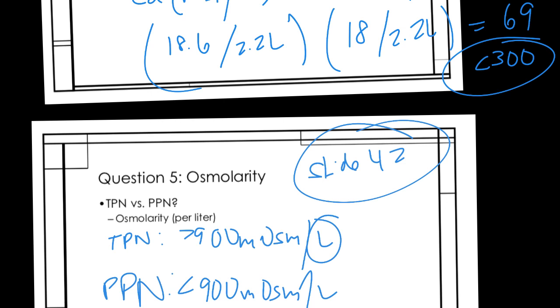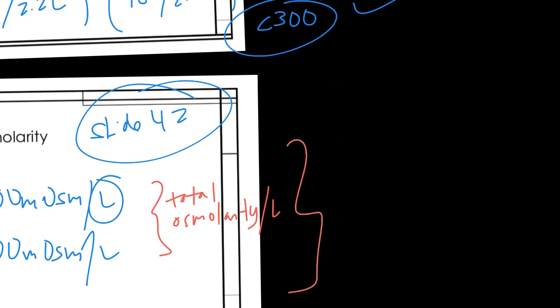So, let's see. Can we give it as a TPN or a PPN? Okay. So you want to calculate the total osmolarity per liter. So we're going to do your amino acids and your dextrose.